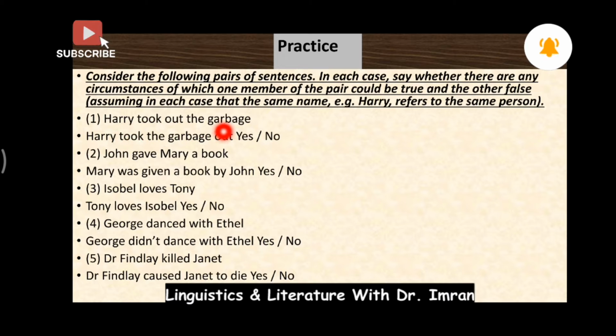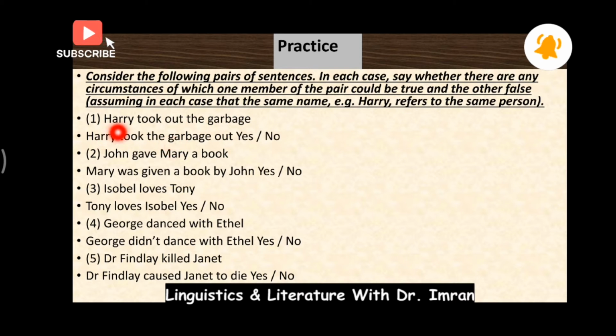First, Harry took out the garbage, and Harry took the garbage out. You can see that here we have two different sentences, right? But they express the same proposition, because if this is true in these circumstances, this is also true. If one were true and the other wrong, then we would say that these two are different propositions.